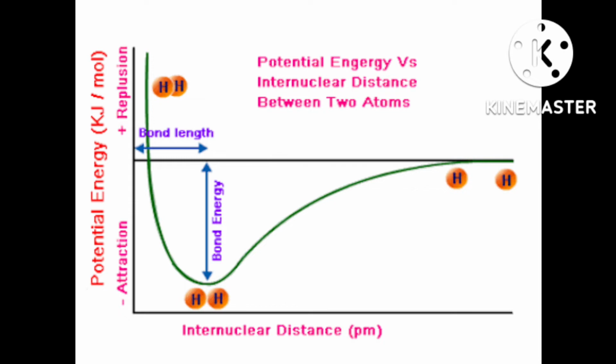The nucleus is positively charged because the proton is positively charged. Then one attraction will be between the nucleus and the electron, correct?